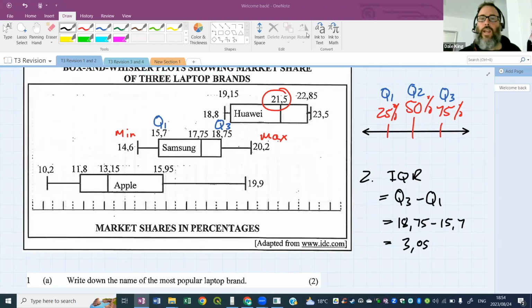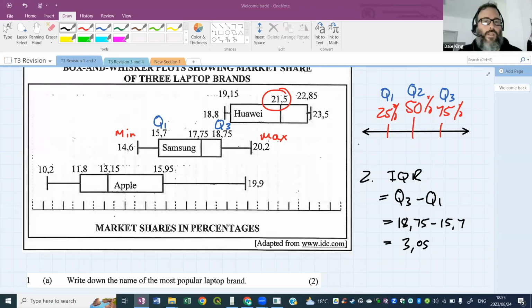No, Bianca, that's range. We're not working out range for this question. We're working out IQR, interquartile range, the range between the quartiles. Yeah, that's correct for range, but we're doing IQR.